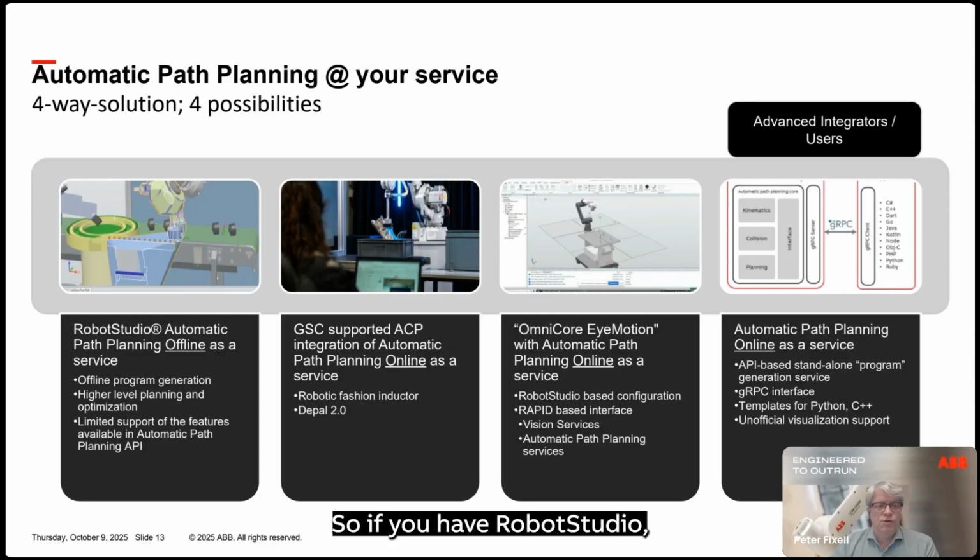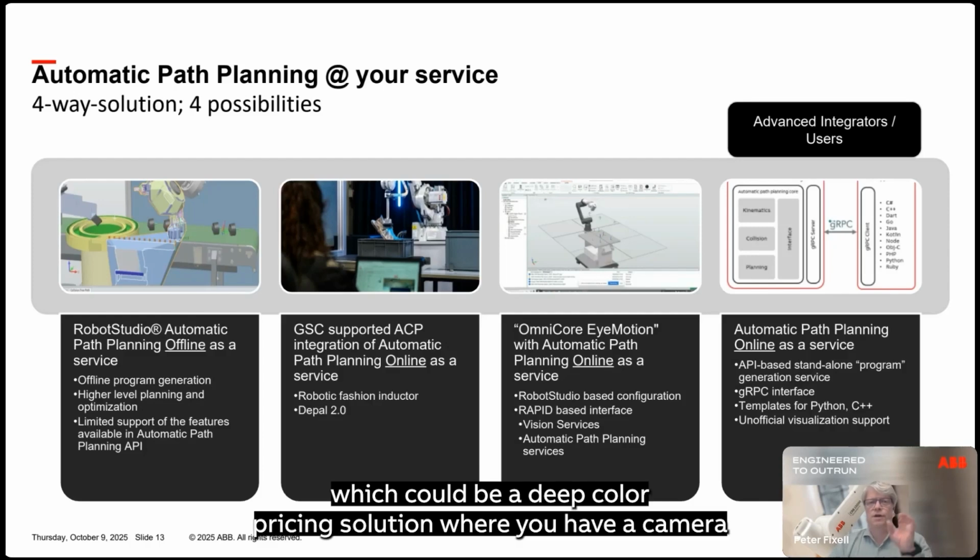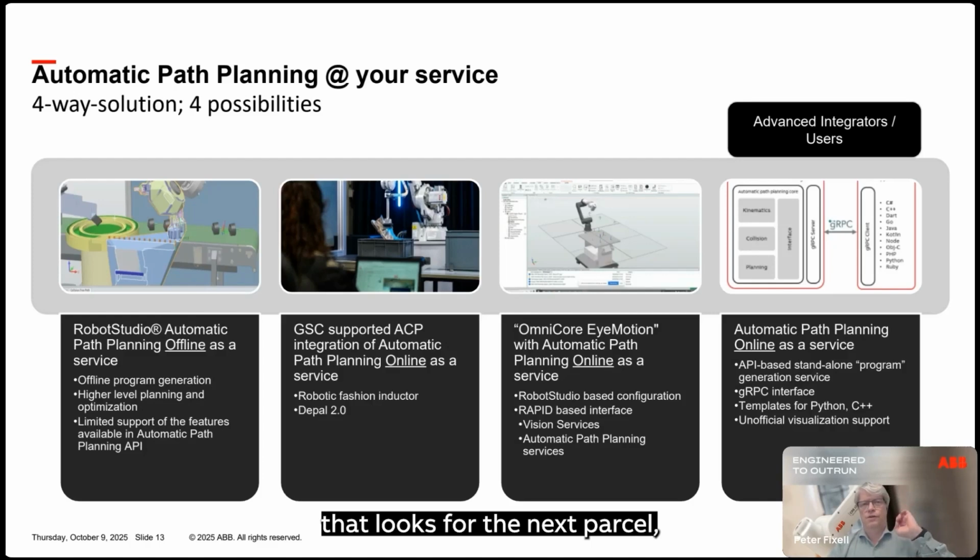So if you have Robot Studio, this is automatically included. We have our global solution centers that are also starting to use automatic path planning in their solutions, which could be a deep pelletizing solution where you have a camera that looks for the next parcel, and you will create a path from the position you identify.